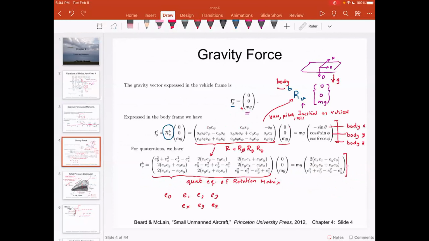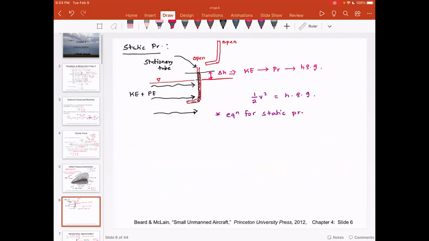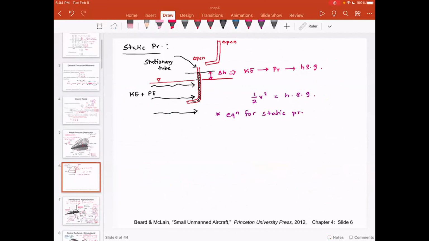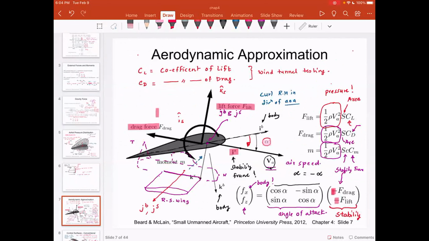And in the last class, I kind of talked about different gravitational implementation. We talked about the aerodynamic forces. We talked about the concept of static pressure. We talked about the aerodynamic approximation. We looked at why the angle of attack is identified as negative.